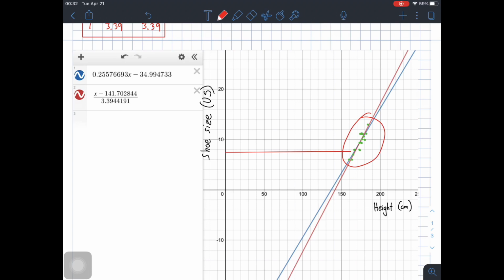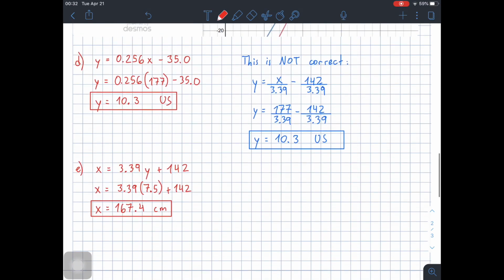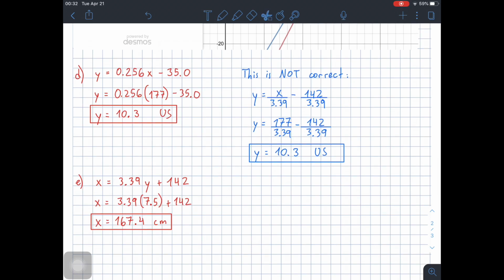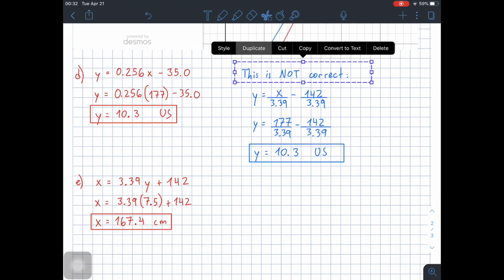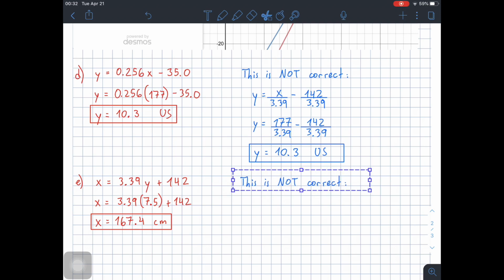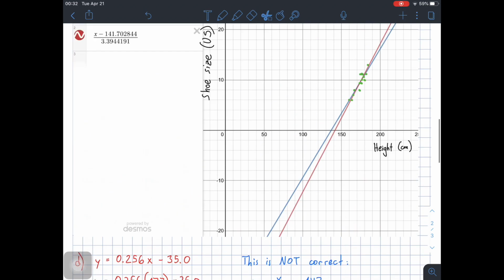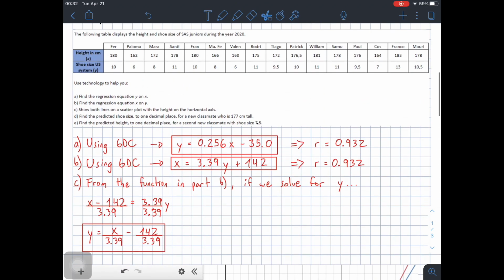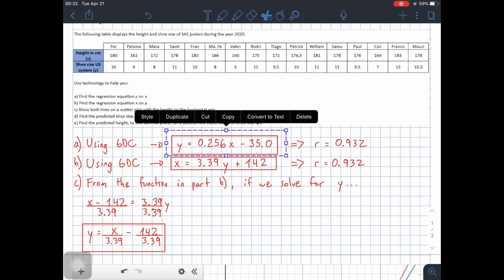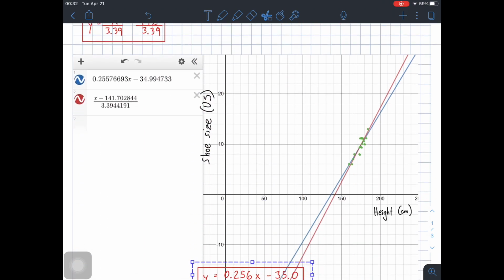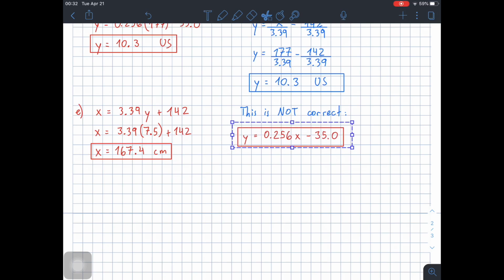So maybe the answer would be very similar. But once again, we're gonna try doing this. In this case, the equation that we should not use is actually this one, right? That's the equation y on x.